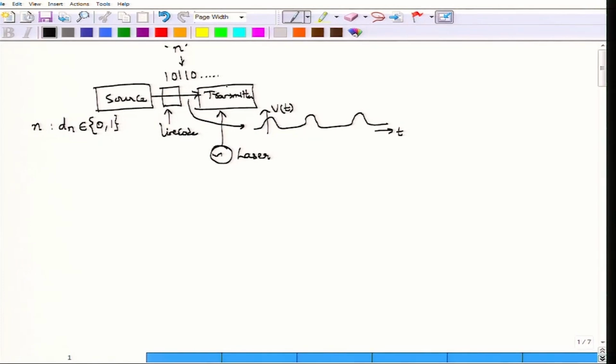This process of going from an electrical signal, it need not be these pulses, in general it can be any electrical signal, to an optical signal, which is obtained by modulating a laser, is called electrical to optical conversion.